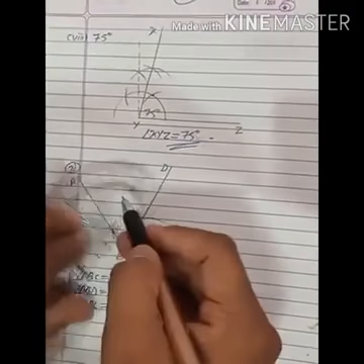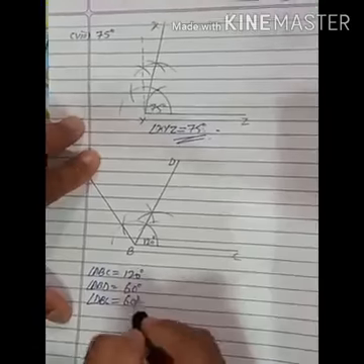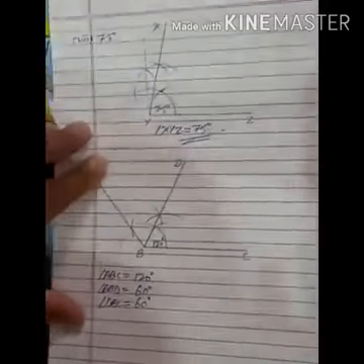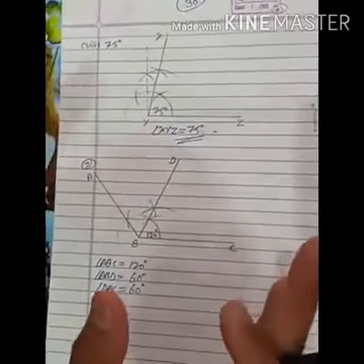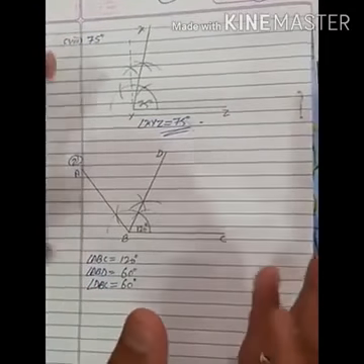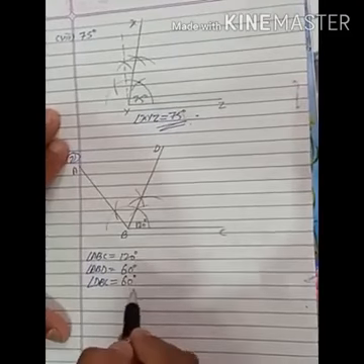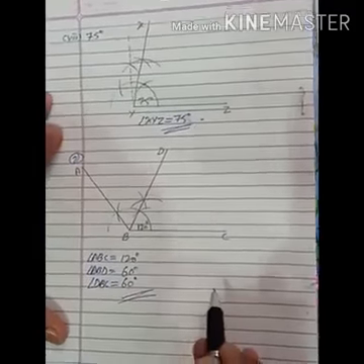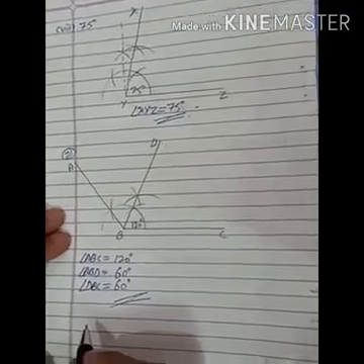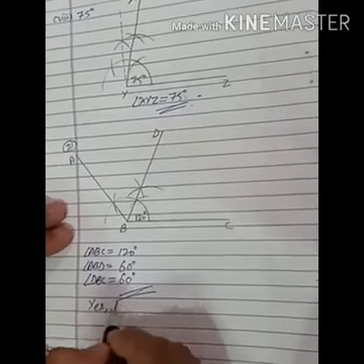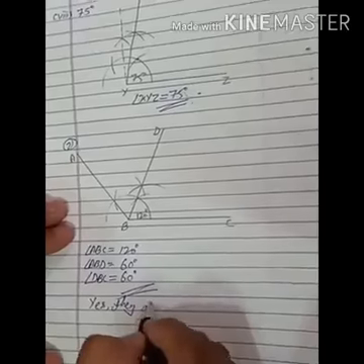This angle is also coming 60 degree. So angle ABD is equal to 60 degree, angle DBC is equal to 60 degree. Bisect means half portion. So they are coming equal, 60 degree and 60 degree. So this is about the second sum. In the question it is asked whether they are coming equal. So we will write yes, they are equal.